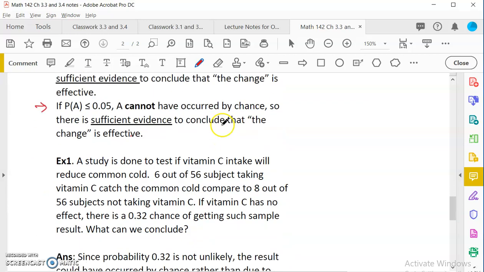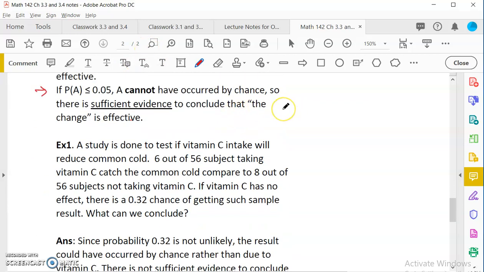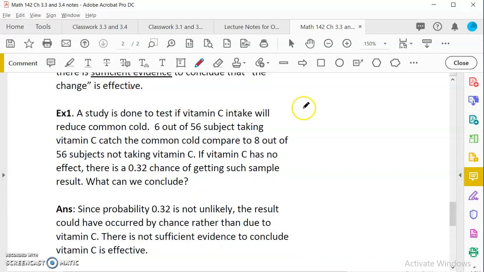So let's look at what we mean by doing a change. In this particular case, we are applying a change, which is having someone take vitamin C to see if it can reduce the common cold. You have 56 subjects take vitamin C, and 6 out of 56 catch the cold.